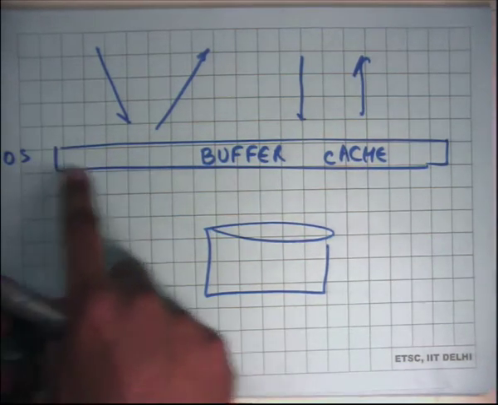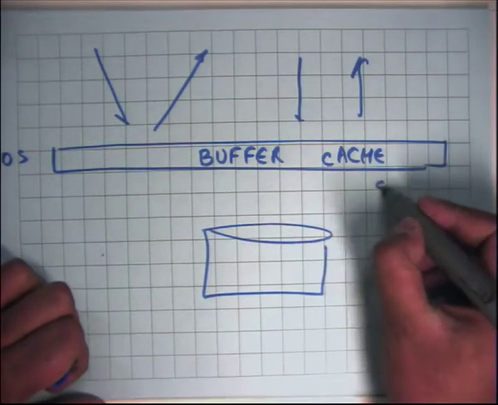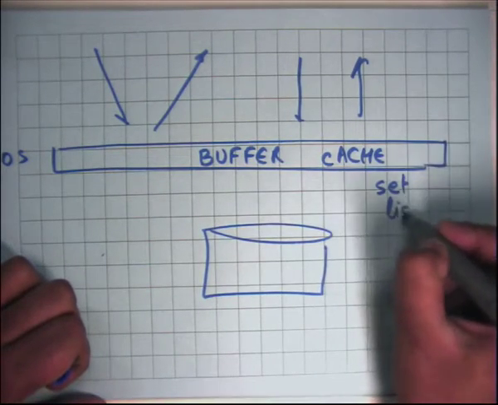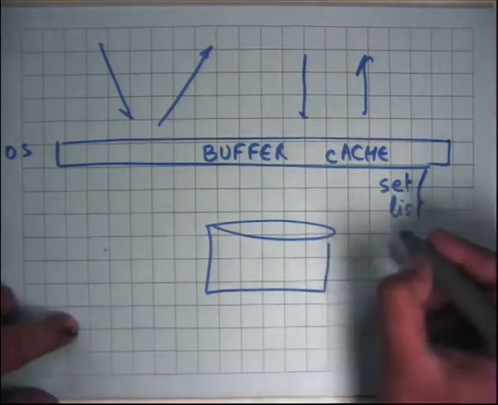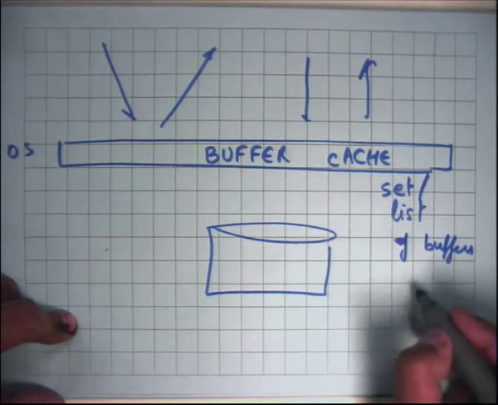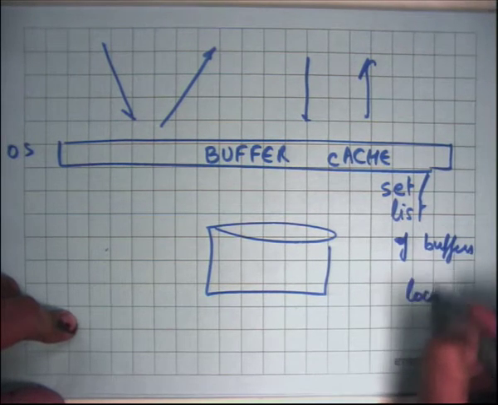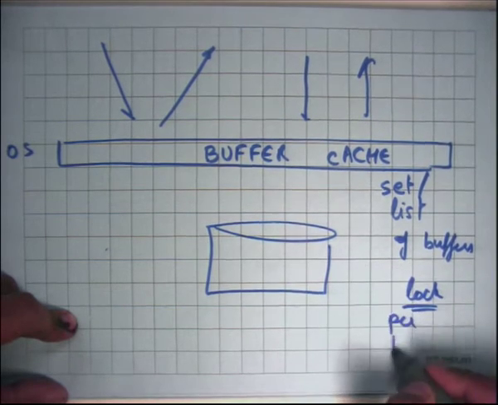So basically, you have a buffer cache, which is some set of buffers. Let's say it's implemented as a list of buffers, and each buffer has a lock per buffer.